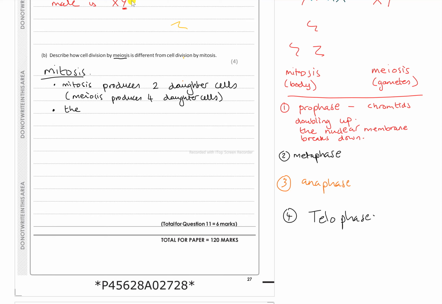Right. The chromosomes are 23 pairs, 46, whilst in meiosis there are 23 chromosomes, right?